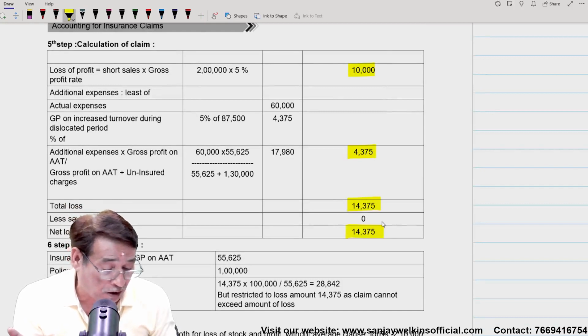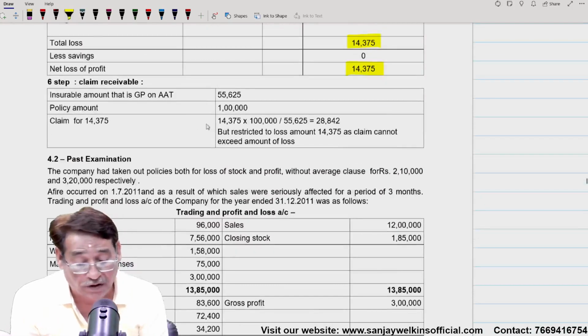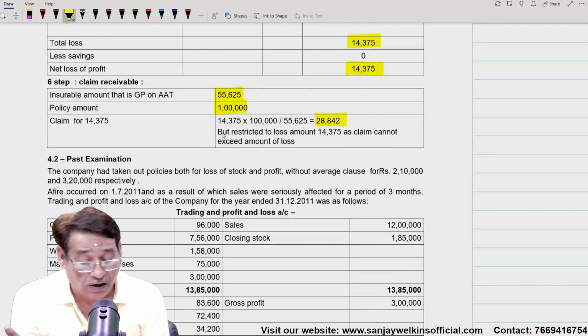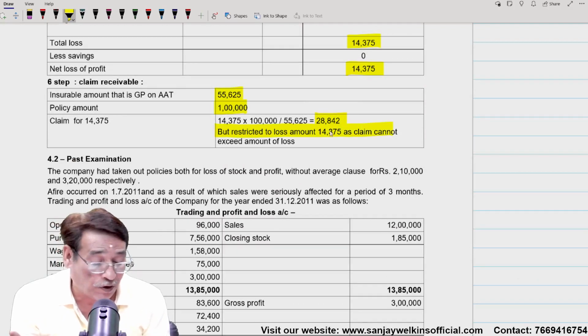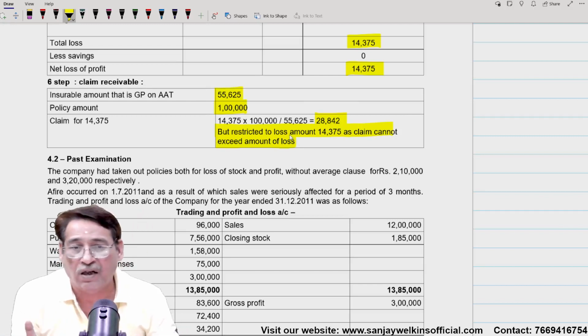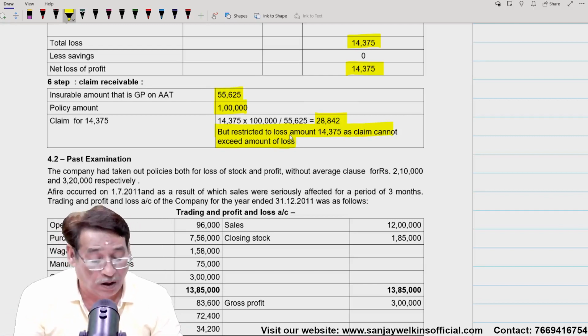Correct? So net loss is 14,375, and if you are going to compute the amount of claim in normal fashion, you will get 28,842, but it will be restricted to 14,375 as amount of claim cannot exceed the amount of loss, sorry.